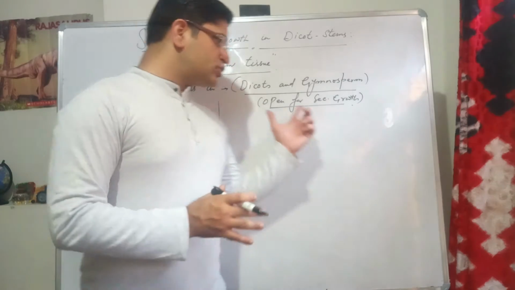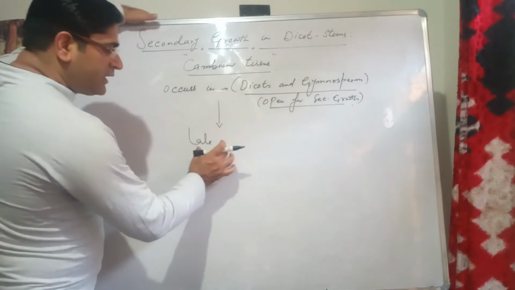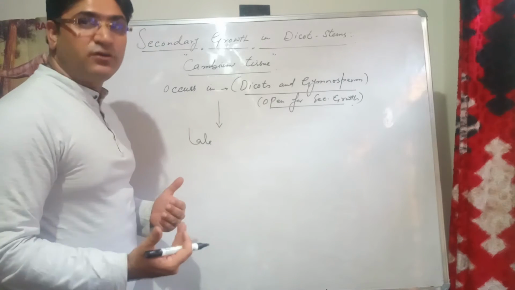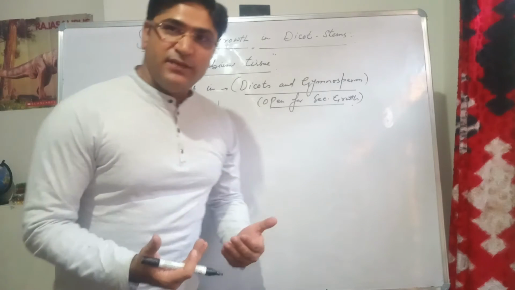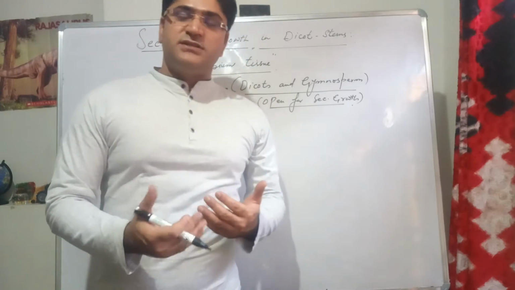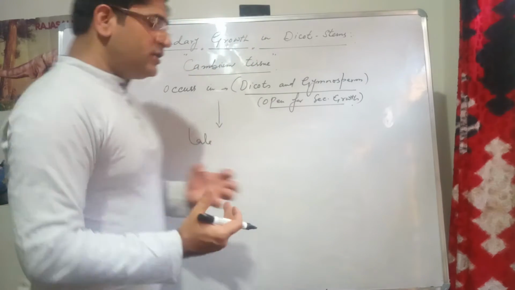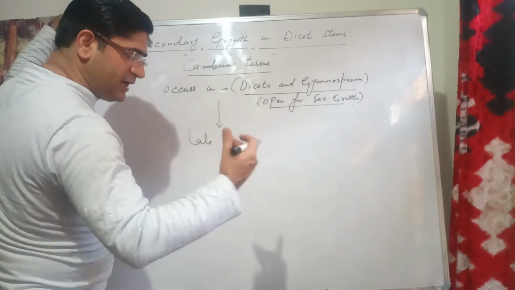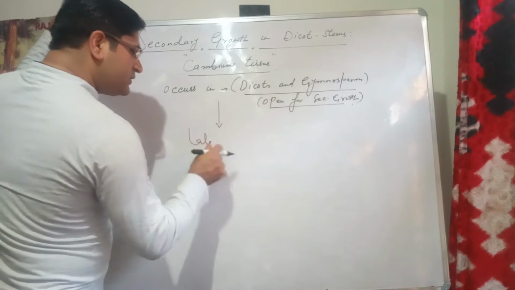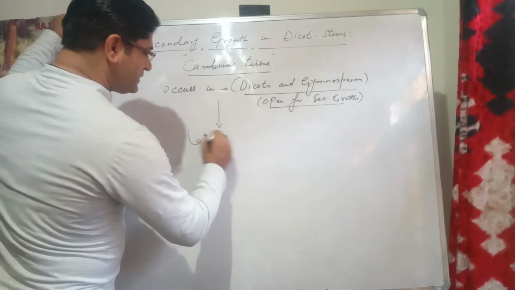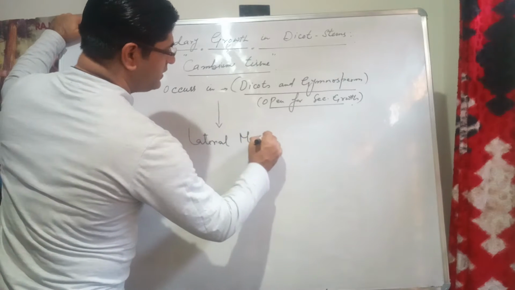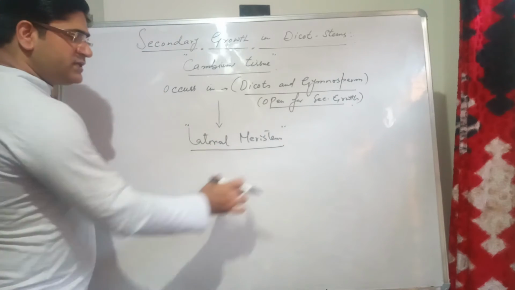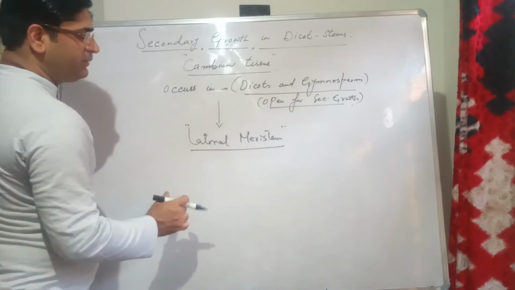In the meristem, I told you there are different types: there is a primary meristem, a secondary meristem, and a lateral meristem. During the maturation time, a lateral meristematic tissue develops inside the plant.